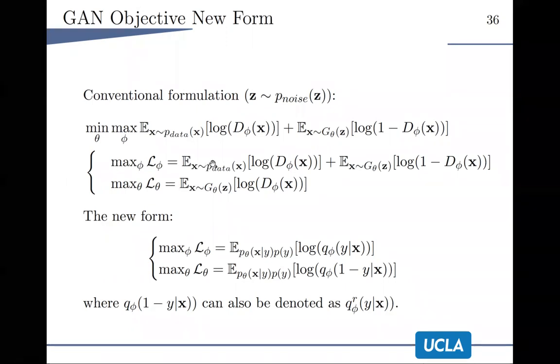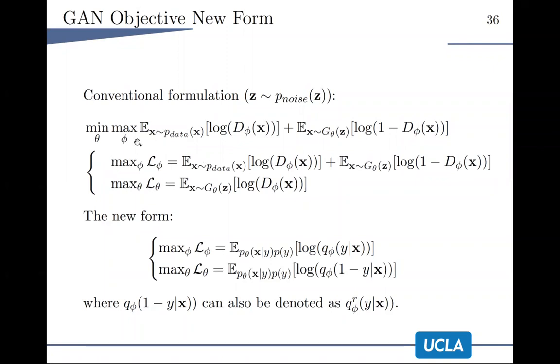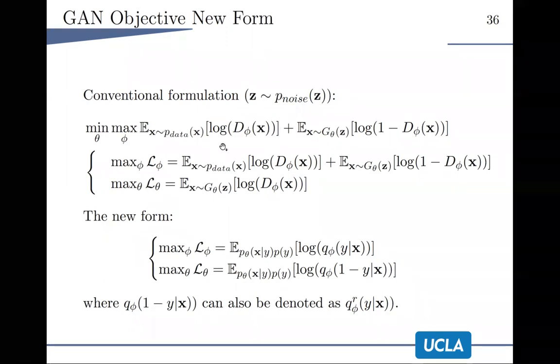We're doing a minimax game on the same objective, but the reason we only need to keep the second part is that we are only optimizing theta this time, and theta is not involved in the first part. So adding the first part in, I see.